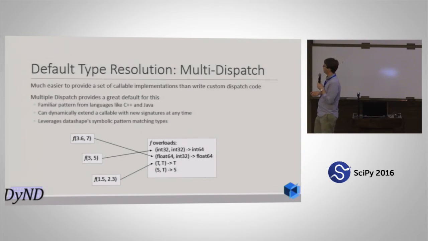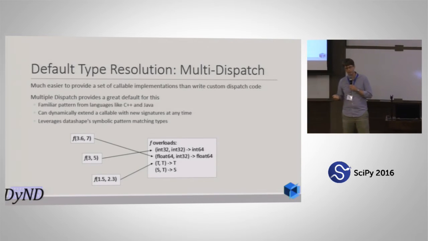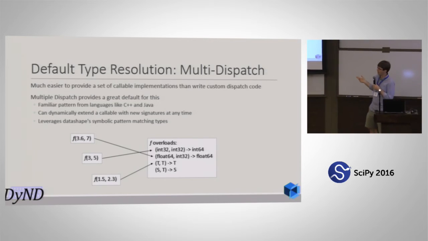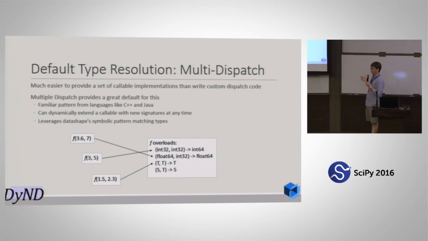So something like multi-dispatch is a much more flexible mechanism to do that. And multi-dispatch will work in a vast majority of the cases that we produce. So it's also familiar. A lot of languages use it.